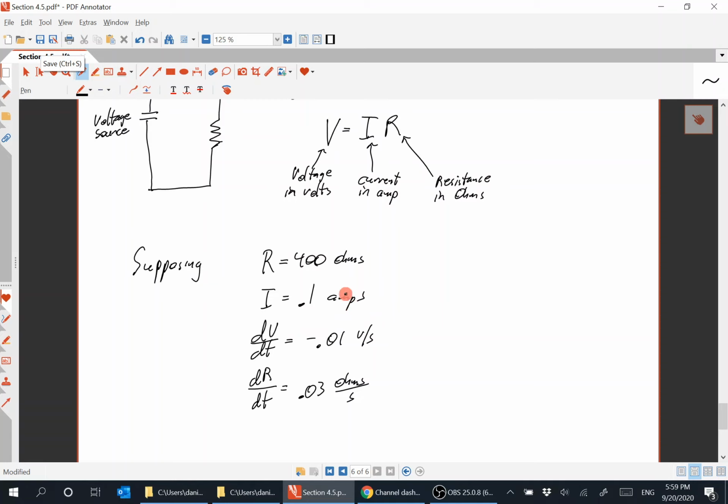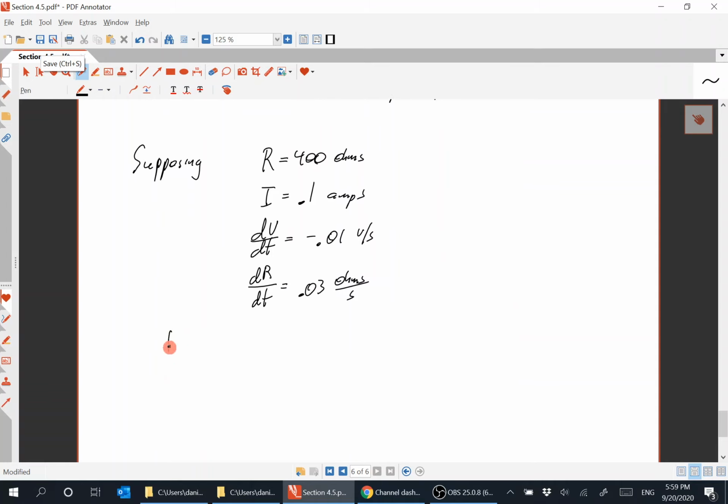Find dI dt, the rate of change of current in amps per second.